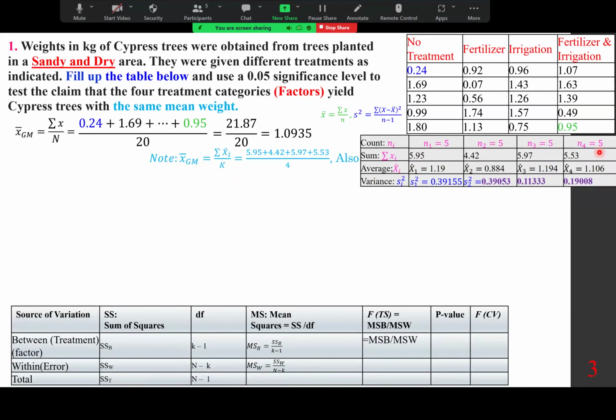We can do that. So add up the averages and divide by 4. This is a second way to do that.